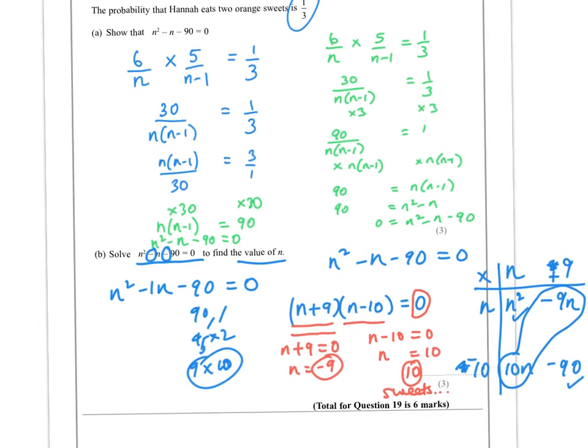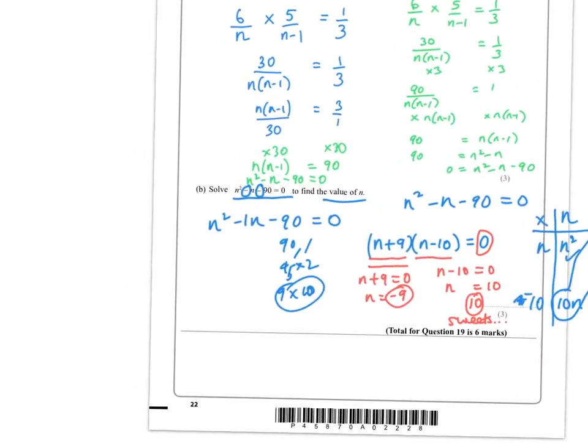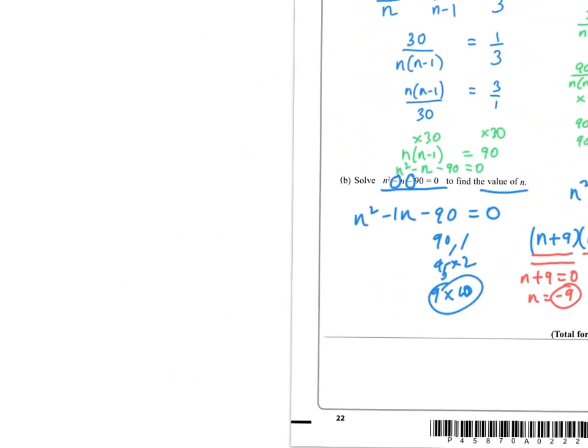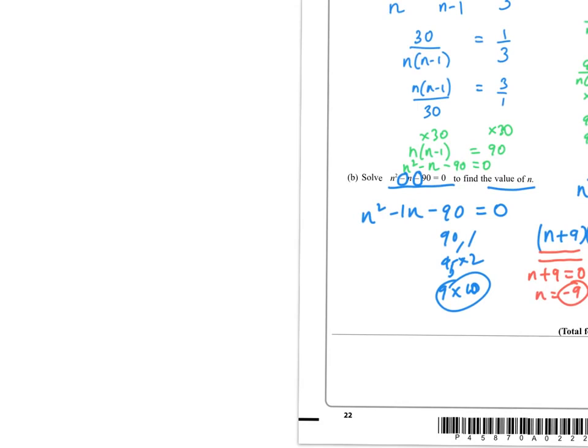I think out of interest it's probably going to be useful to just look at the alternative ways and show why they may lead to more mistakes. So if you had n squared minus n minus 90 equals 0, and you wanted to use the formula, you'd have n is equal to minus b, so that's minus minus 1 plus or minus the square root of b squared, which would be 1 minus 4 times a times c.